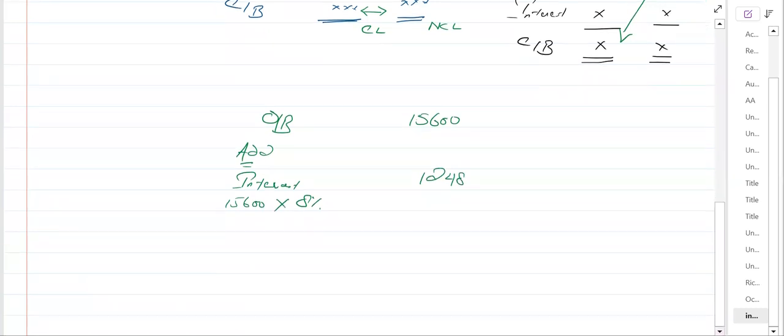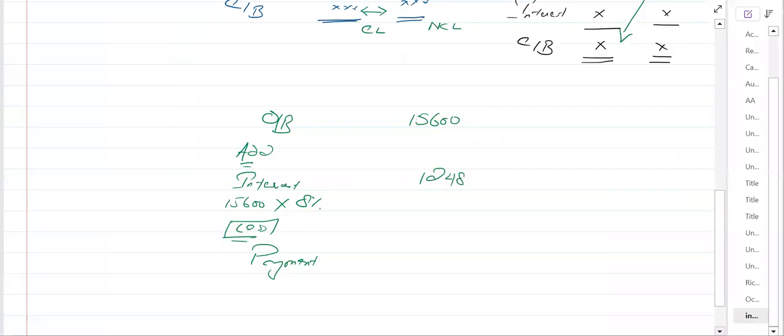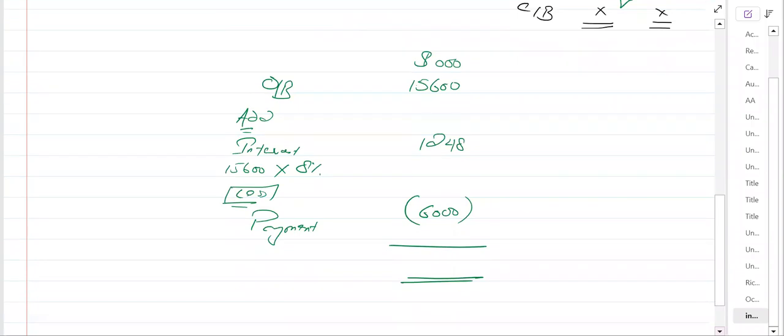And then you deduct the payment. Now the payment is given as well, which is 6 million. So we are working in the 000, so 6 million represents 6,000. So this is your closing balance.